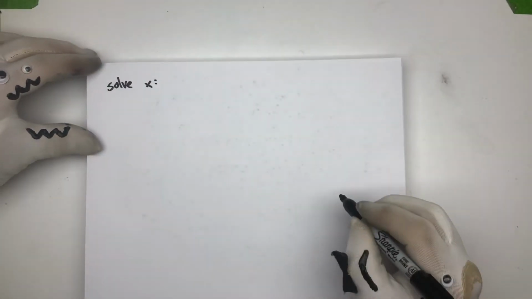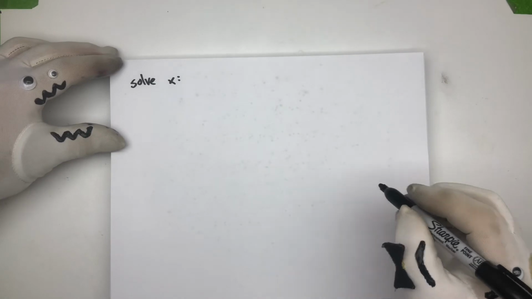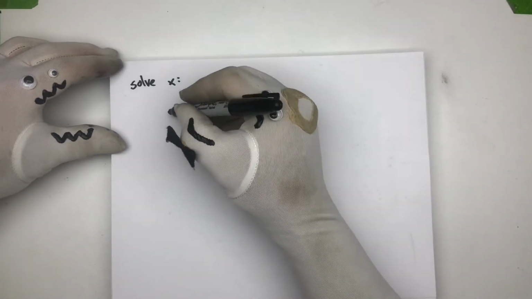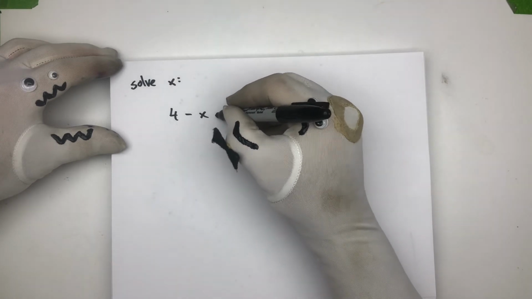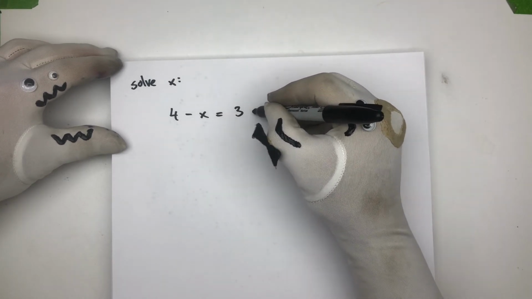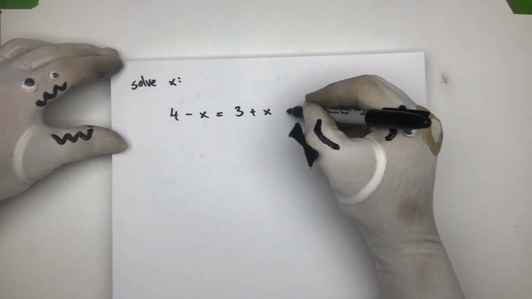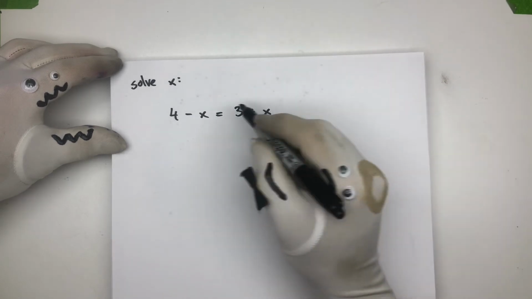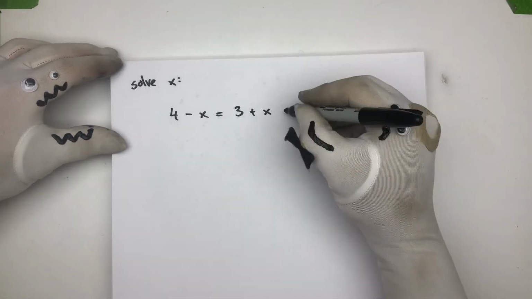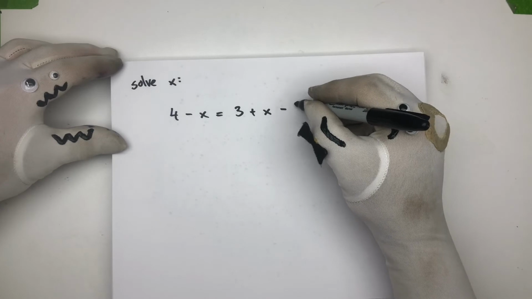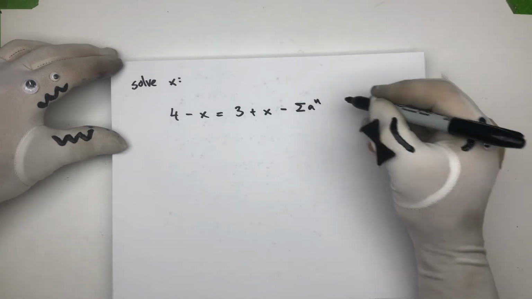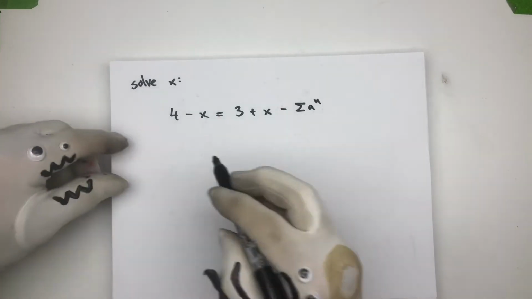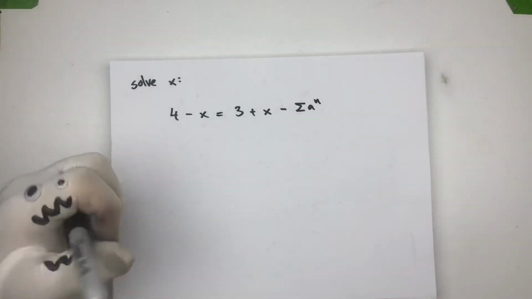When you have just terms, like 4 minus x plus something equals 3 plus x, with a square or the summation of a to the n, these are all just individual terms.